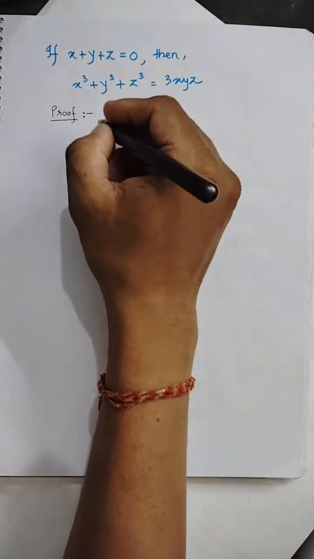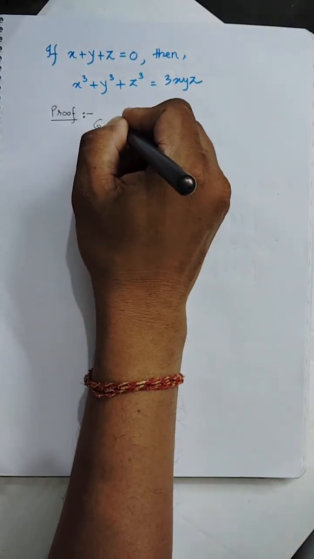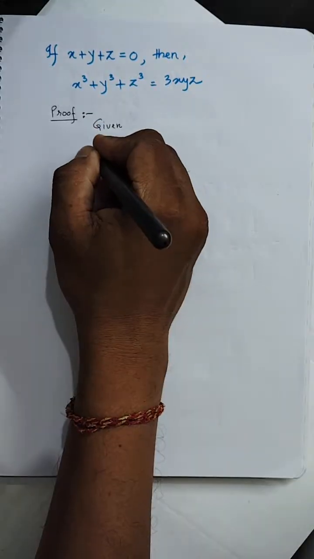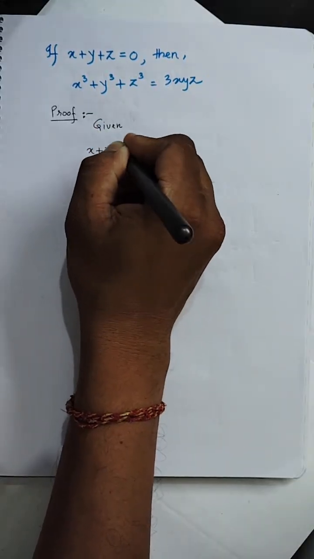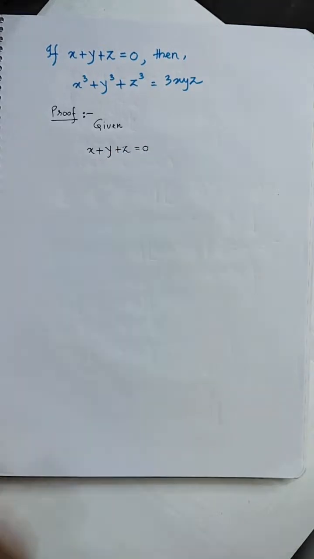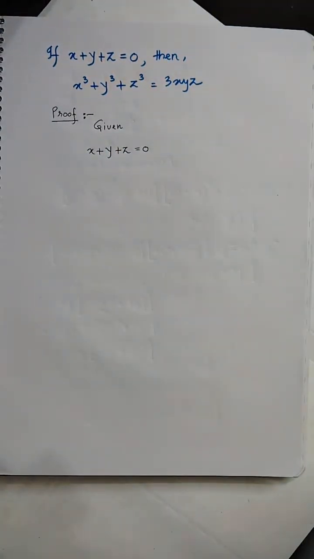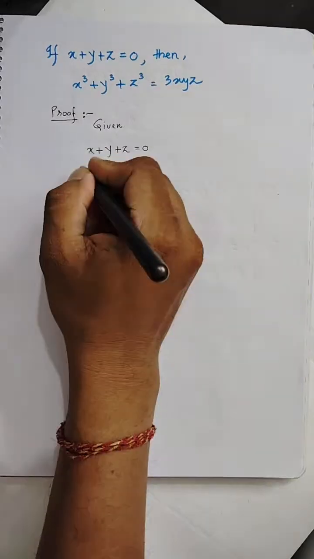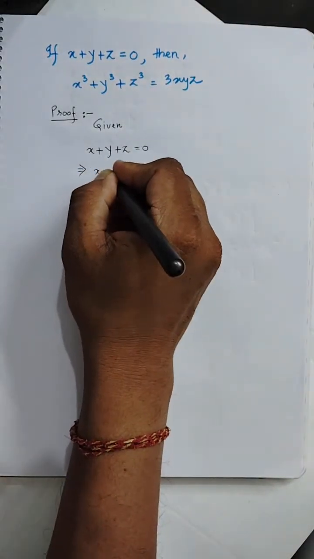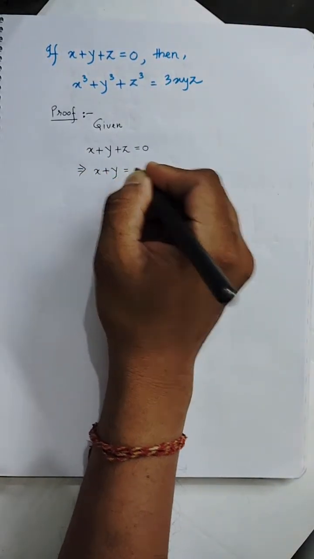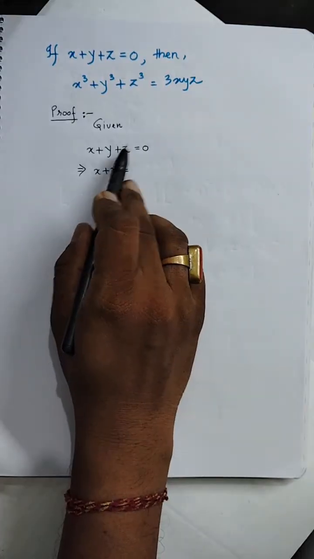Okay, so we have been given x plus y plus z equals to 0. Is it? So what we can do, we can keep the x plus y on the left hand side and we can transpose the z to the right hand side.